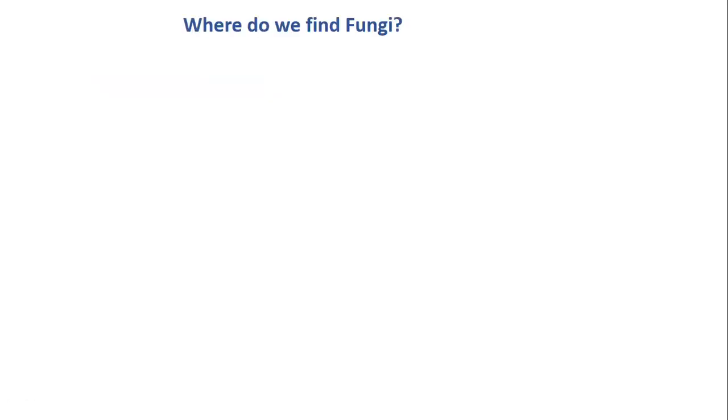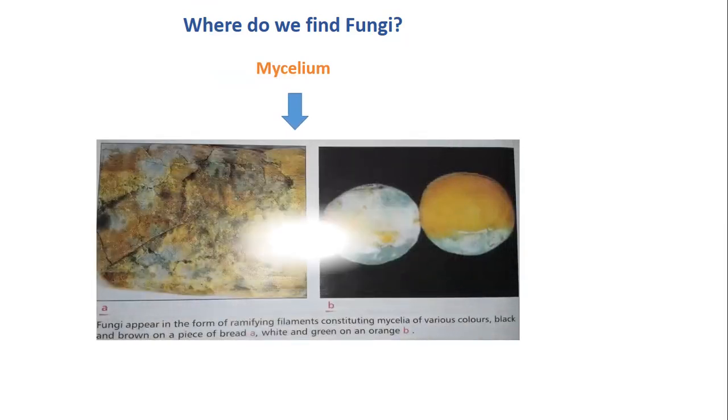Okay, where do we find fungi? A case of this type of living thing is the mycelium. Look at the mycelium. We can find it in bread that we throw out, and for example, in orange.